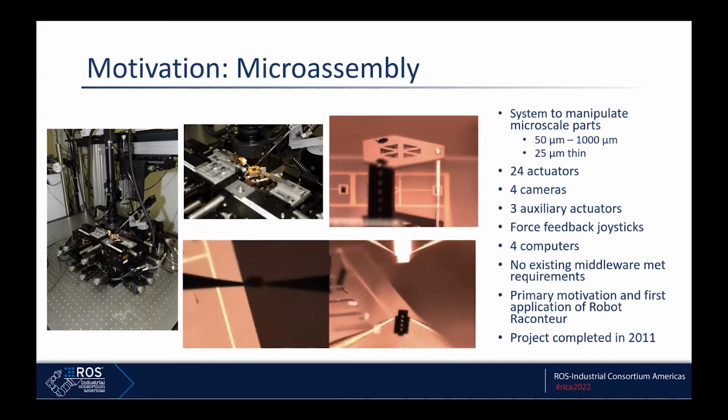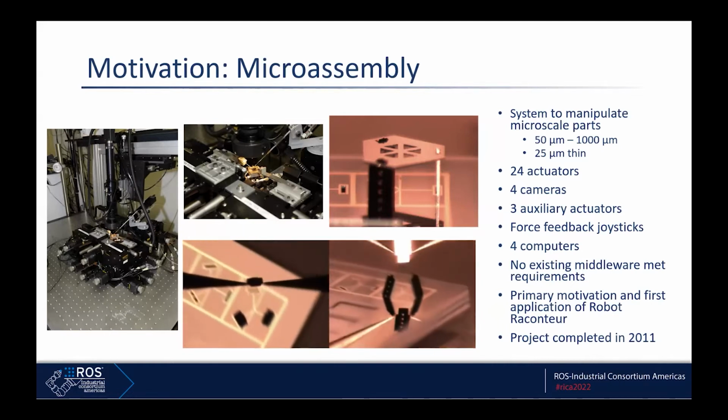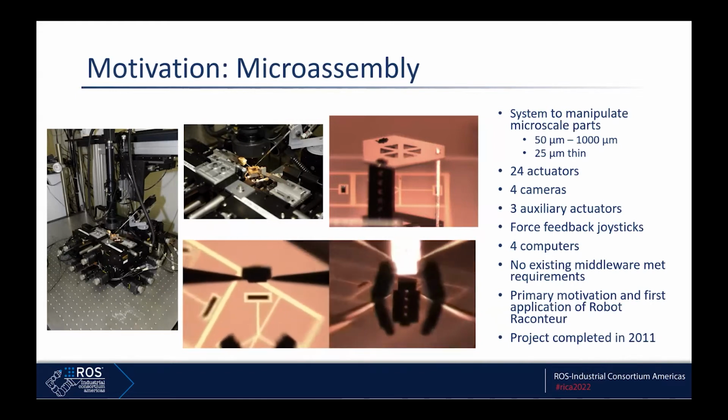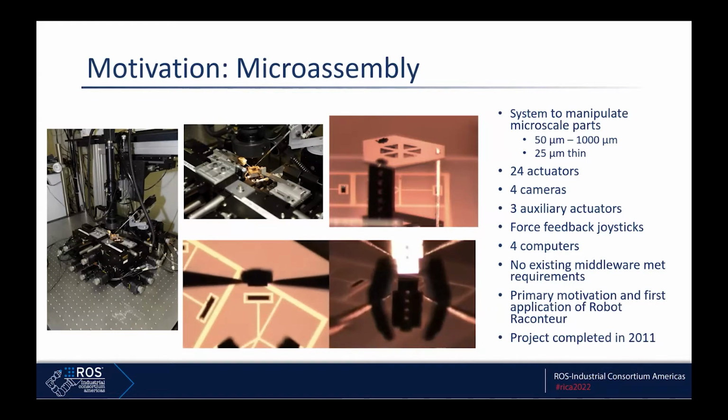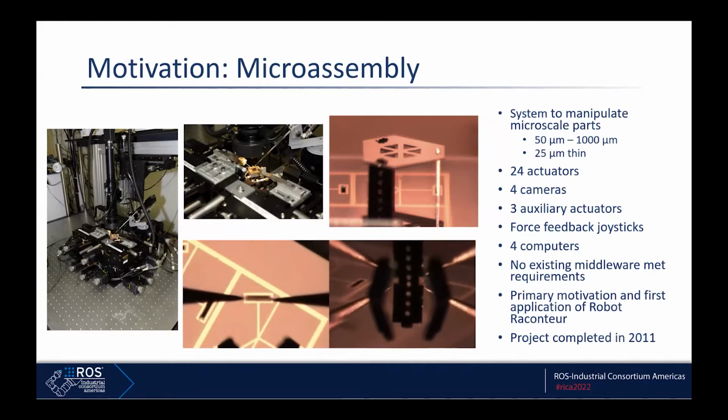This is a very complicated system: 24 actuators, 4 cameras, FireWire cameras, USB cameras, auxiliary actuators, joysticks, and multiple computers. It's being done in Windows, MATLAB, XPC Target, and a whole bunch of different proprietary drivers, and it was taking too long for me to keep everything coordinated. So Robot Raconteur was developed to help solve this problem and grew from there.